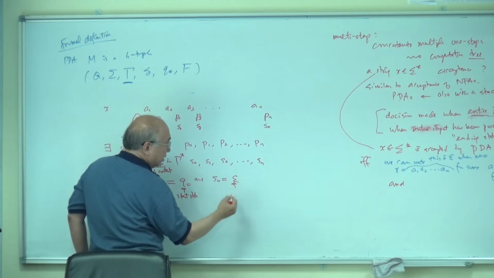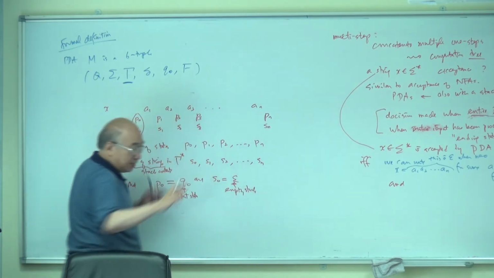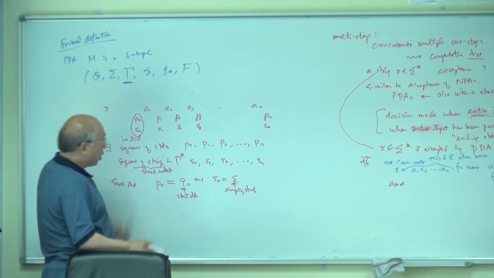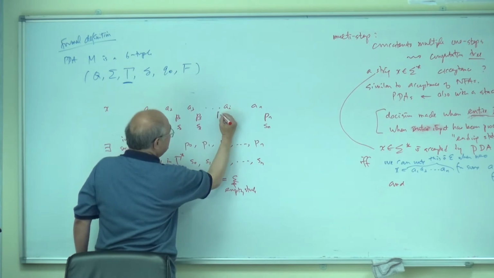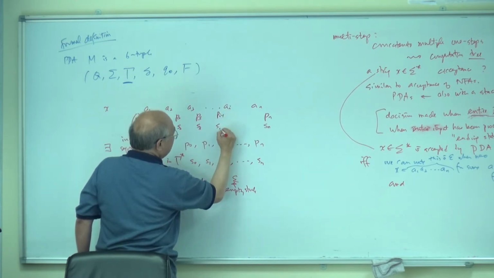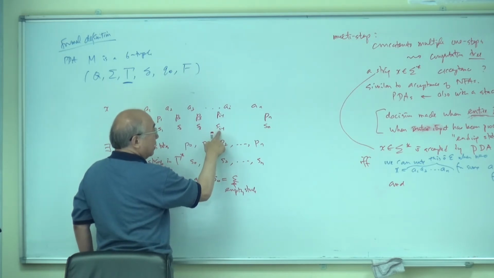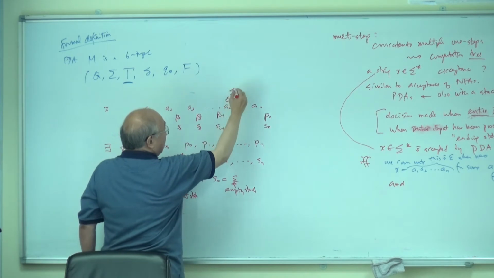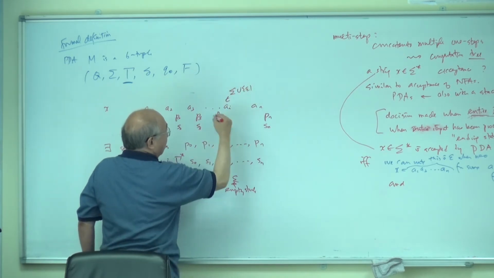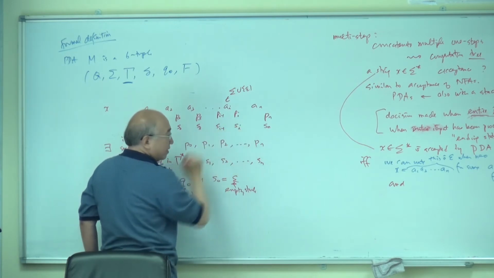There's nothing in the stack. But generally, here we were in Pi minus 1 and the stack contents was Si minus 1. And then we consume ai, whether it is a symbol or free lunch, and we move to Pi, and then the stack contents change to Si.